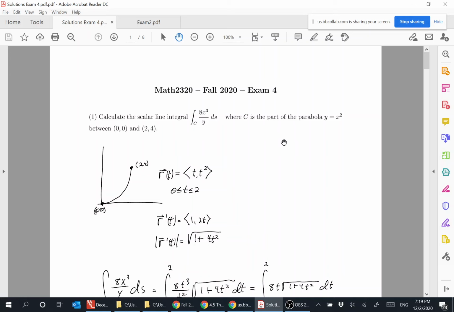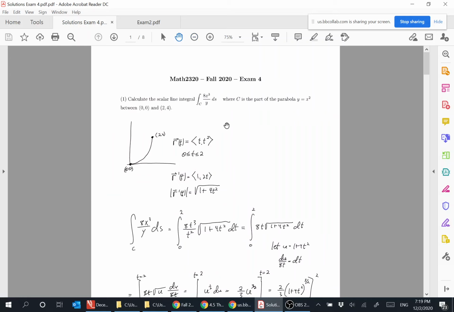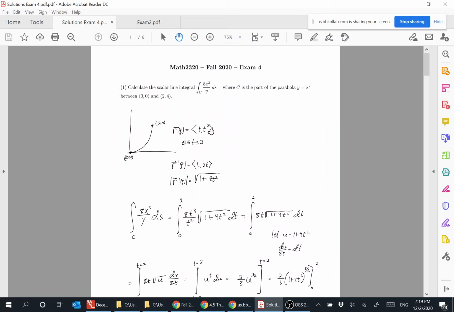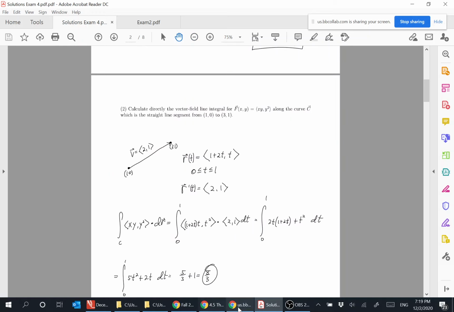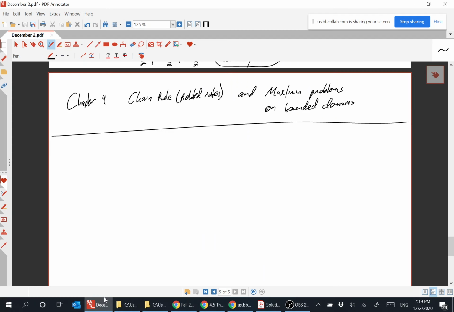I've got to leave out some stuff. But, you know, the same topics. Same topics. So for exam 4, we have the following types of questions.